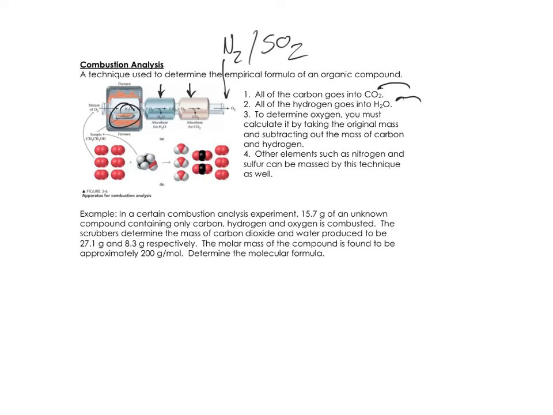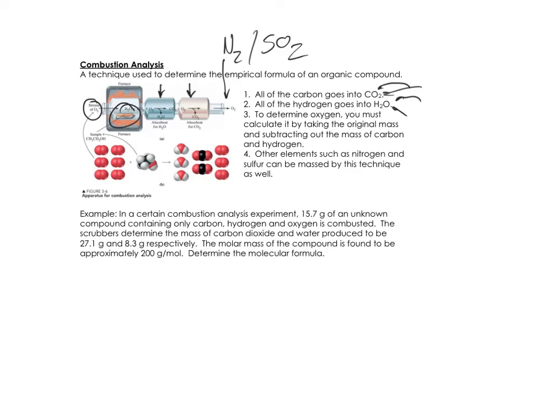All of the hydrogen goes into water. But the real problem comes into oxygen. Oxygen is streamed through at a constant rate so that the reaction isn't limited by oxygen. So we don't know if this oxygen that's in CO2 and water came from the organic or if it came from the O2. The way that we do this is we need a mass to begin with.